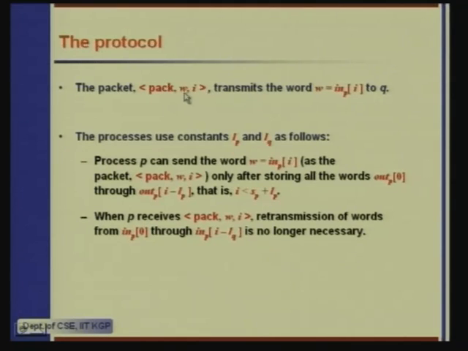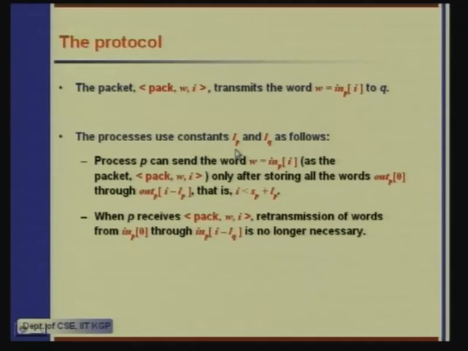So, w is the word that is being transmitted, the data that is being transmitted. i is the index of that word in the array in pi. Okay. So, the ith word in pi is w. And when we say pack w i is being sent, we mean that the ith word of in p, which is w, is being sent in this packet. Clear?